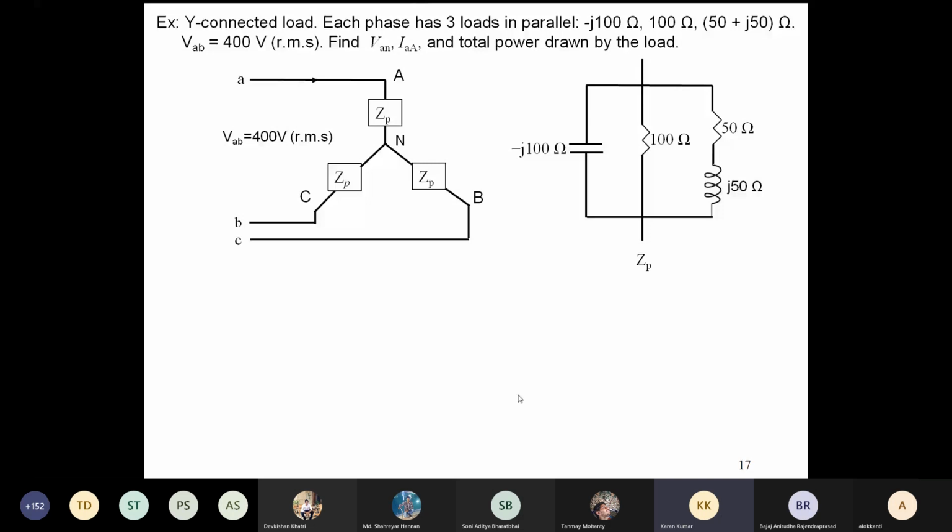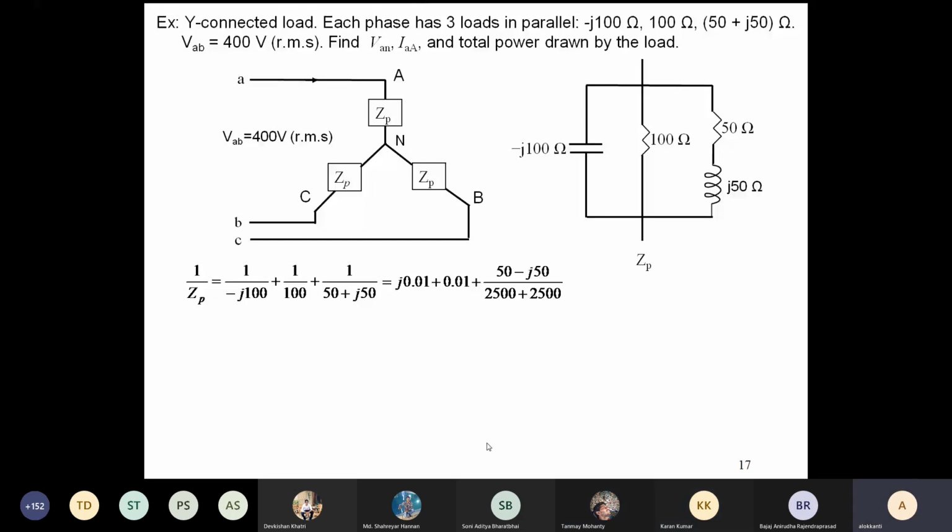So you see that they are in parallel. If you combine them, 1 by ZP is equal to 0.02.